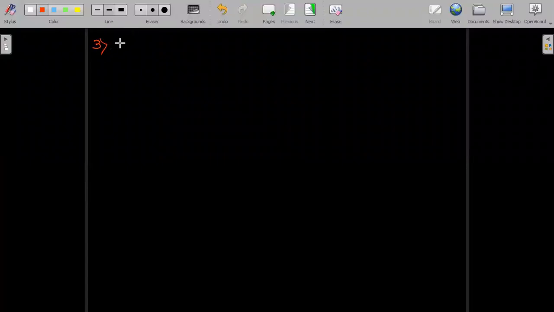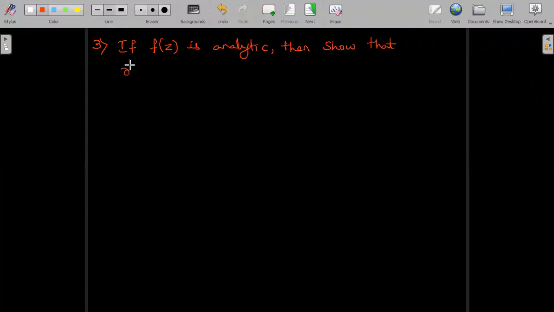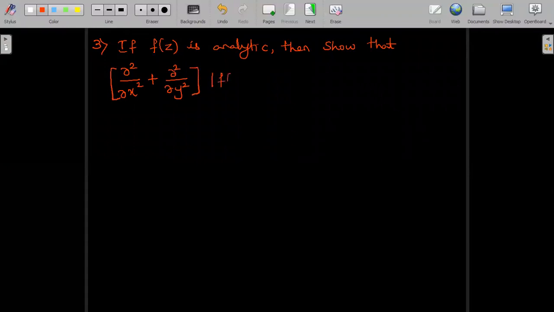So third one, if f of z is analytic, then show that dou square divided by dou x square plus dou square divided by dou y square, the whole thing into mod f of z whole square is equal to 4 times of mod f dash z the whole square.